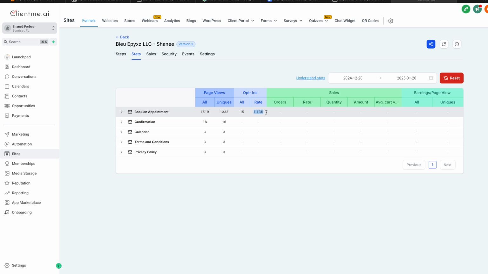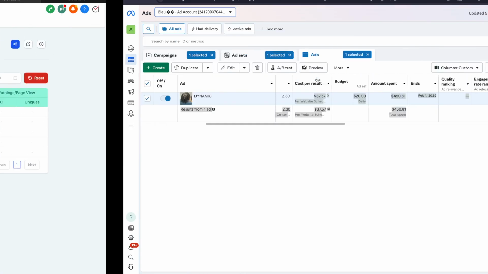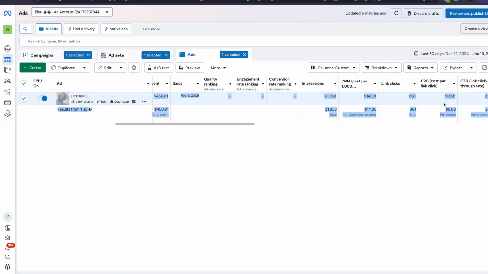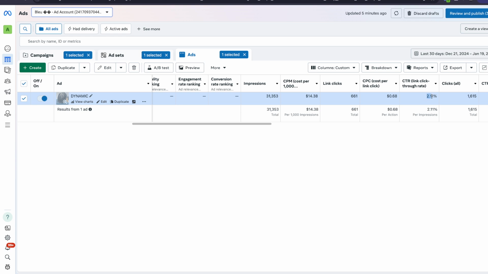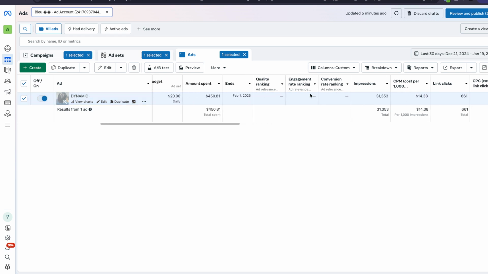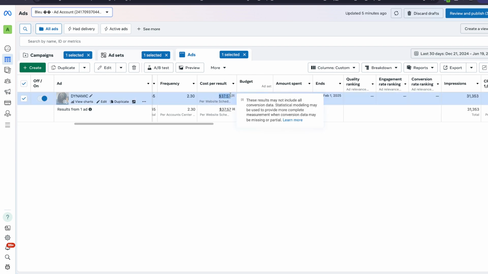Because if we can double the amount of people that actually book an appointment, then we can again cut the cost to get one customer in half. By doubling your opt-in rate, doubling your conversion rate, you cut your cost to get a customer in half. On the other end, by doubling your click-through rate, you cut in half your cost per click, which will cut in half your cost per result or cost per booked appointment.